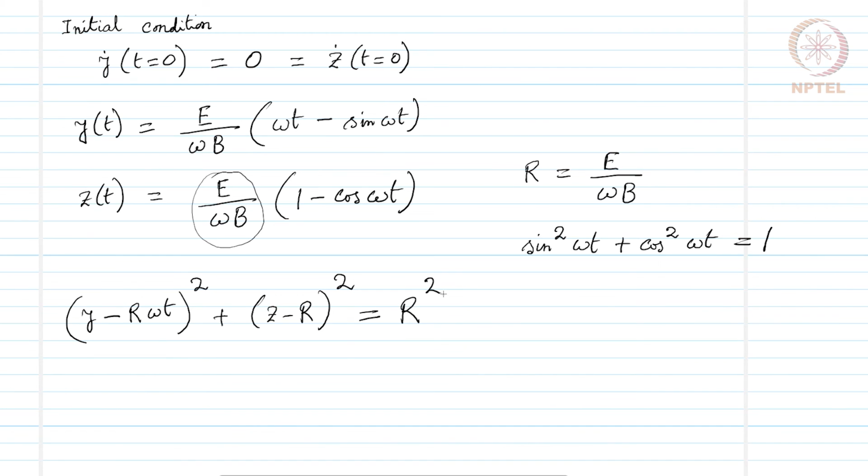This is the equation of a circle of radius R whose center is at (0, R omega t, R). Circle of radius capital R with center at this position, and this travels in y direction at a constant speed.